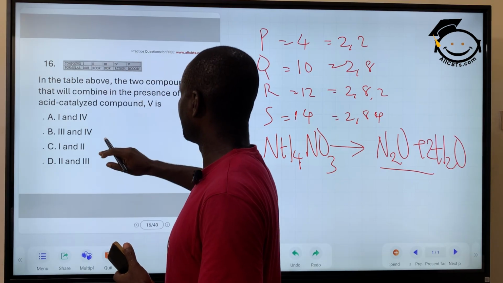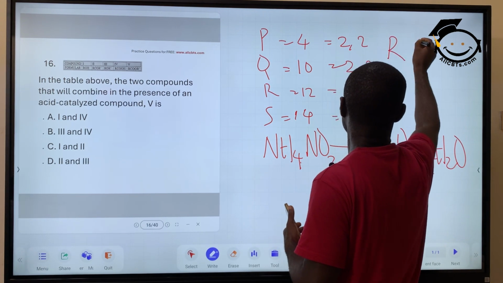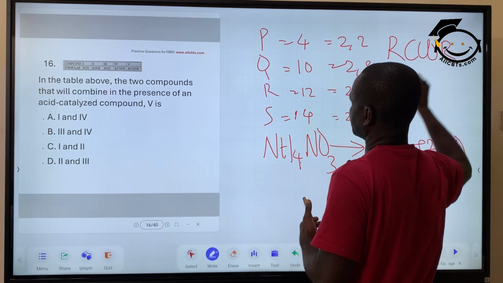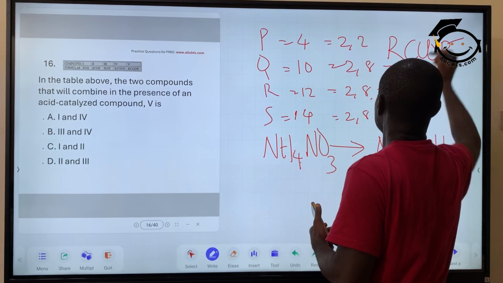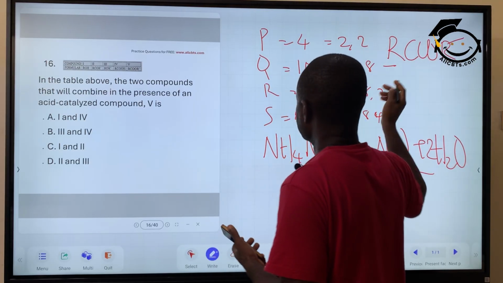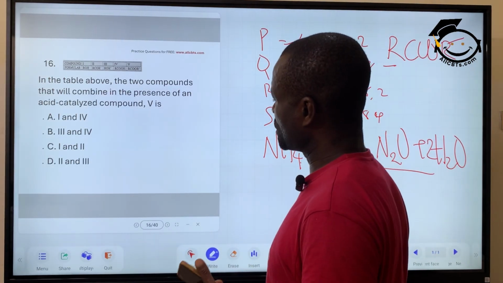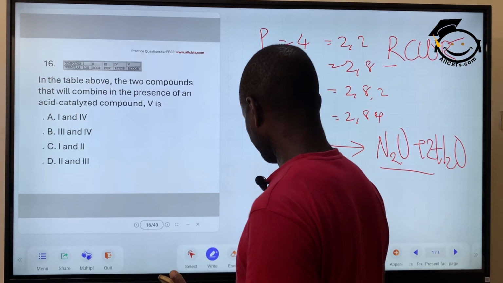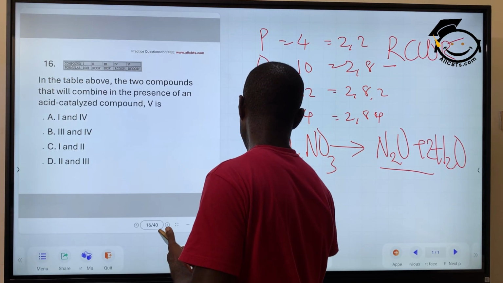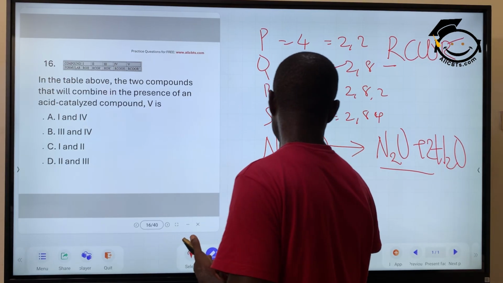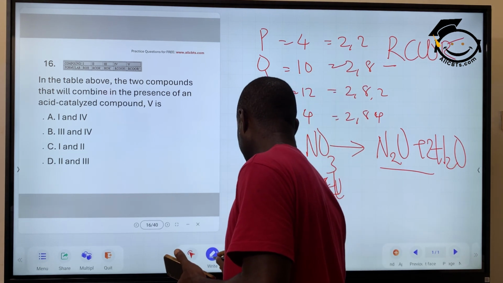Compound 5 is known as an ester, because an ester has the general formula RCOOR, where one is an alkyl group and the other is another alkyl group. So for esters to be formed, what are the combinations? We define an ester as an organic sweet-smelling compound formed from a combination of an organic acid and an alcohol.